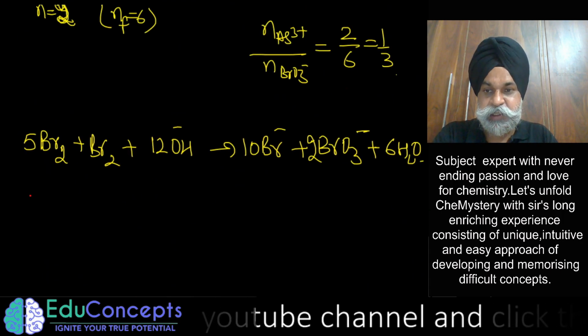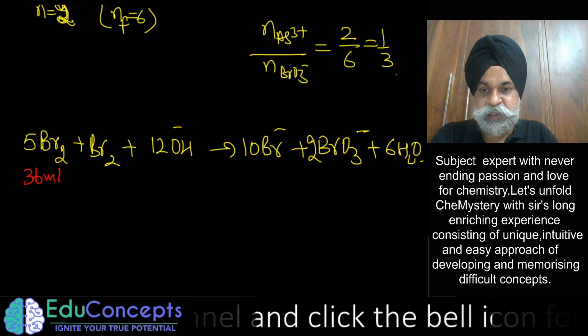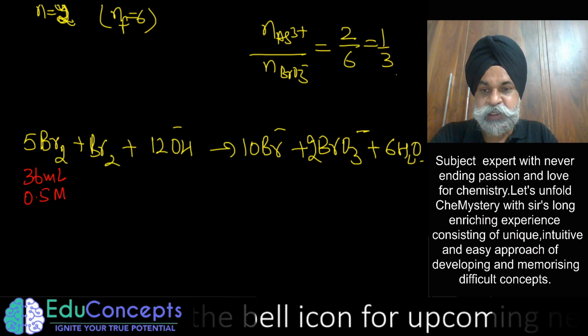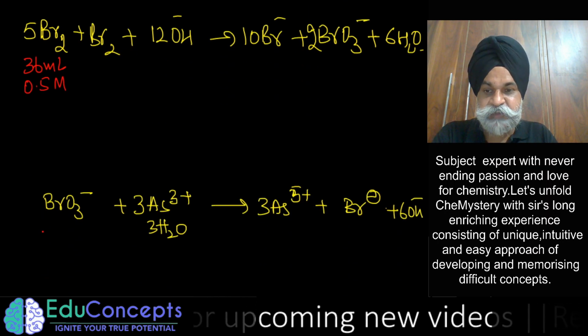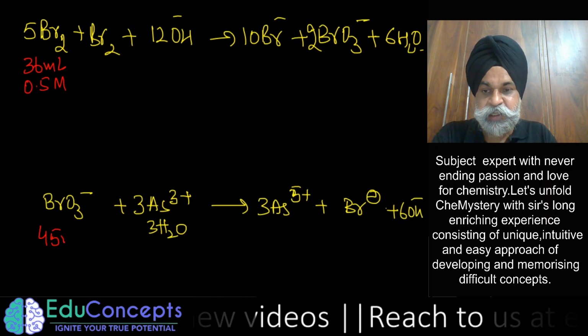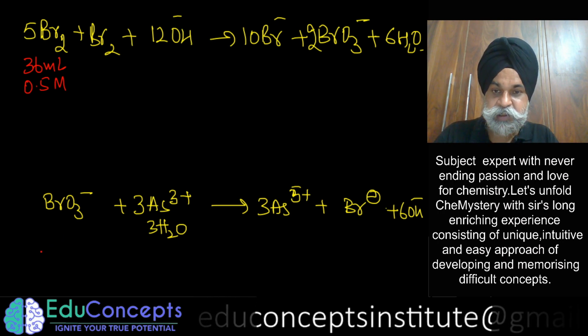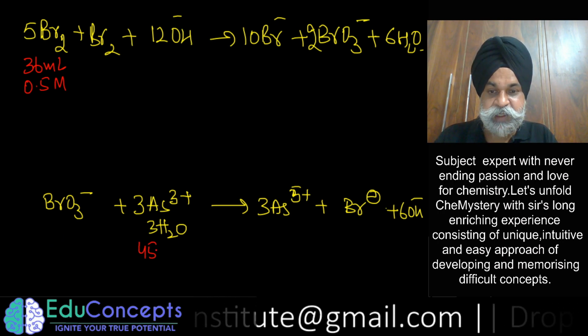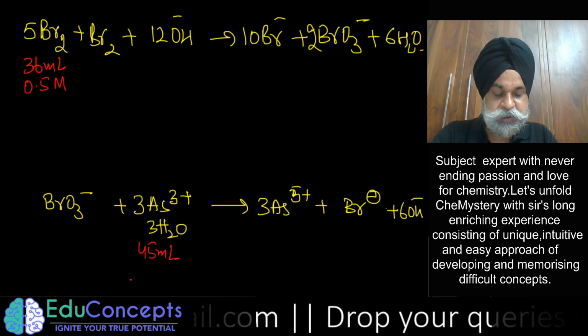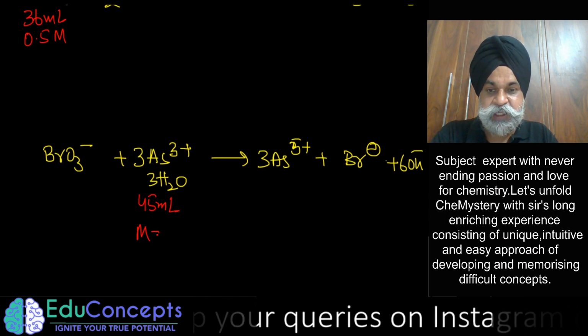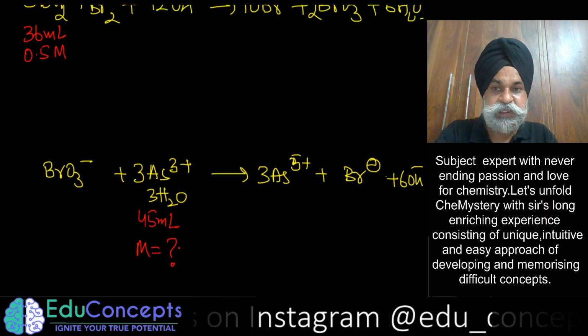So it was 36 ml, 0.5 molar, and this was given 45 ml, and you are supposed to find the molarity of this solution.